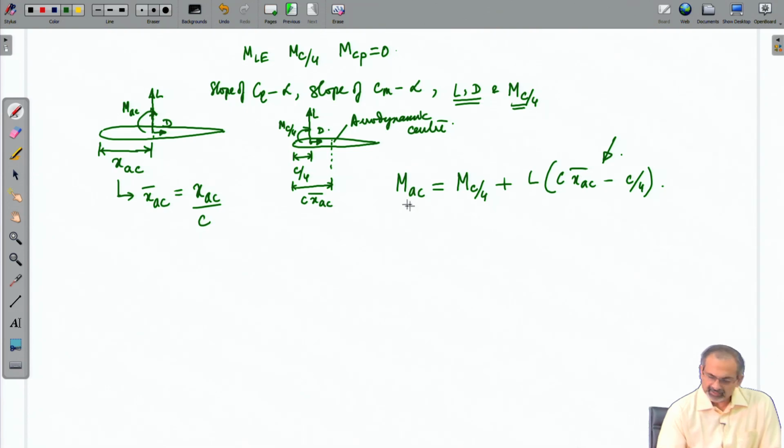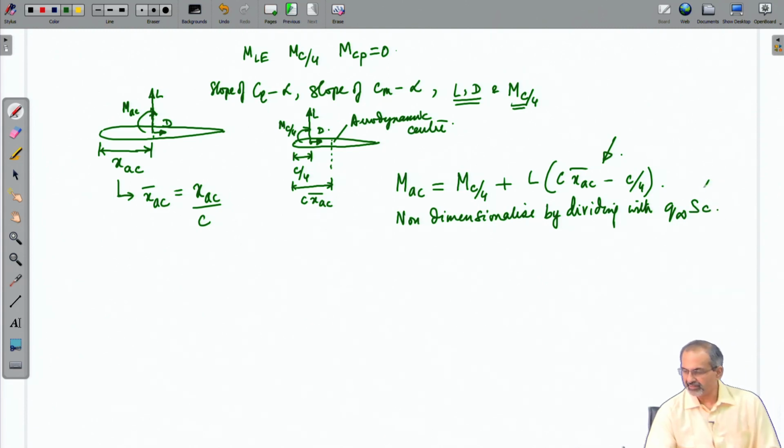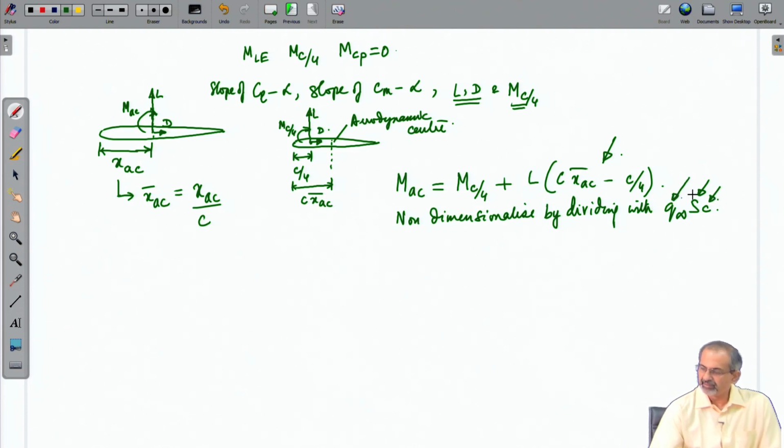Now, you non-dimensionalize by dividing with q infinity S c. What is S? S is the planform area of the airfoil. So, it is basically the chord length into unit depth, and this is the chord itself. Q infinity is the free stream dynamic pressure.